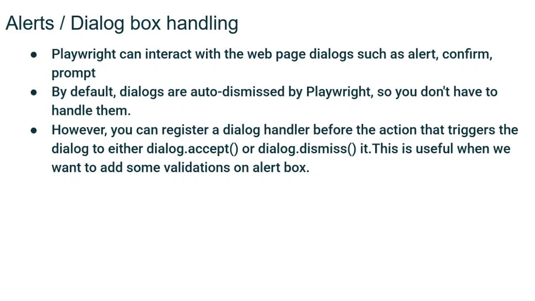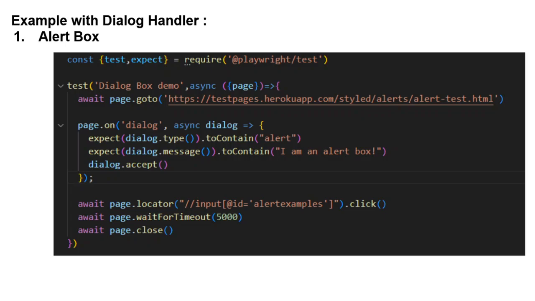By default, dialogs are auto dismissed by Playwright, so we don't have to handle them. But for some validations, sometimes we have to validate the message on the alert box, or let's say we want to input some value in the text box of a prompt box, and then accept it. In such cases, we have to use a dialog handler.